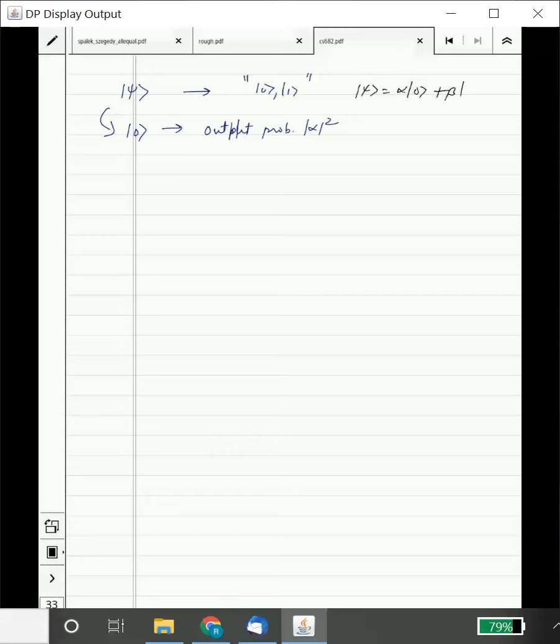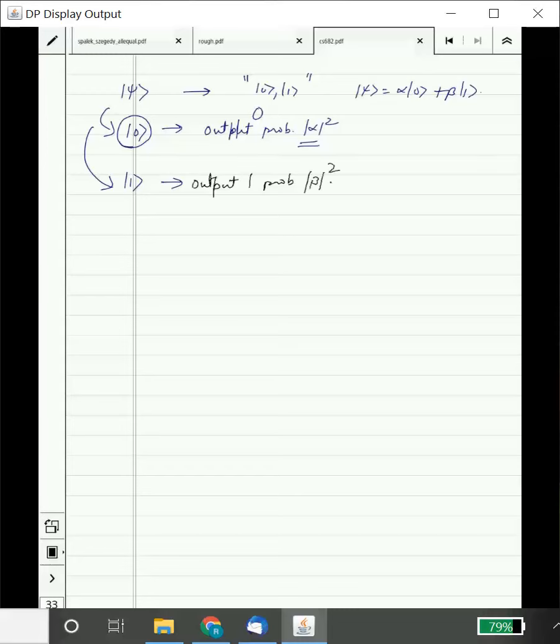What happens is, if you're measuring psi, alpha 0 plus beta 1, in the standard basis, you will obtain the output 0 and the state will change to 0. This will happen with probability alpha square. You will obtain the state 1 and output 1 with probability beta square.